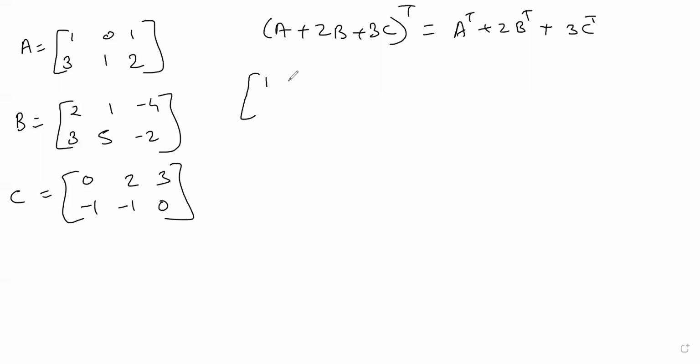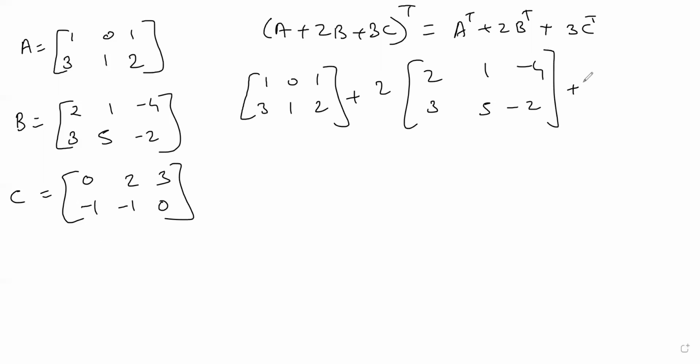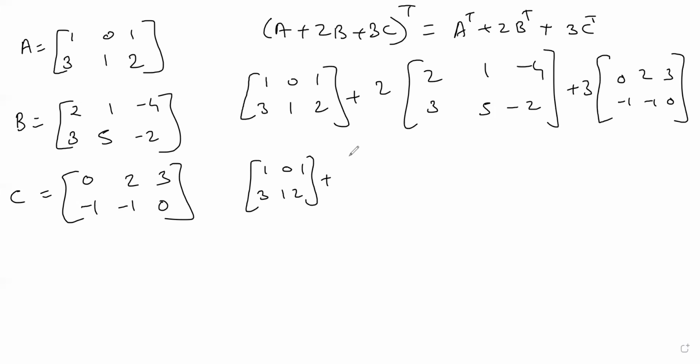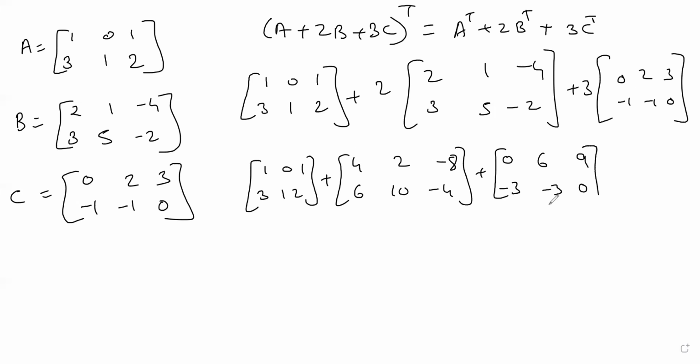So A is 1 0 1, 3 1 2. 2B is 2 into 2 1 minus 4, 3 5 minus 2, and 3C is 3 into 0 2 3, minus 1 minus 1 0. So this is 1 0 1, 3 1 2 plus 4 2 minus 8, 6 10 minus 4, plus 0 6 9, minus 3 minus 3 0.